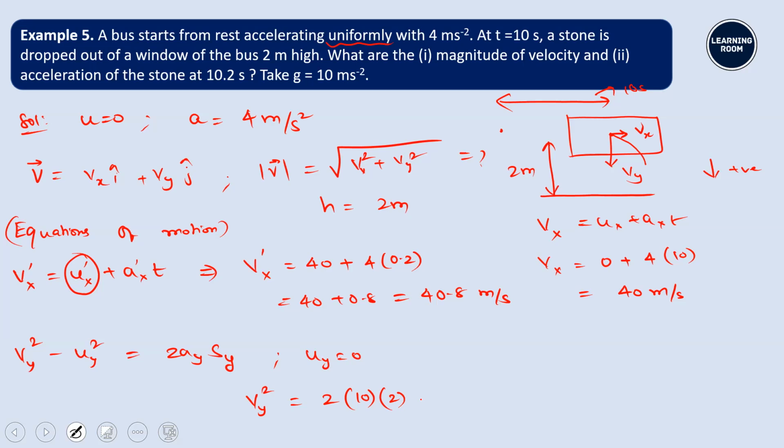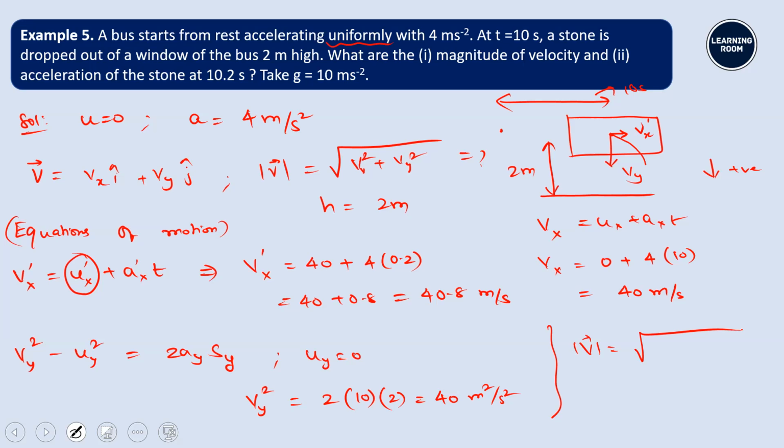So how much is the answer going to be here? It will be 40 meter square per second square. So remember Vx dash, I call this as Vx dash, is going to be 40.8 meter per second and Vy square will be 40 meter square per second square. So what is going to be the speed of the stone?